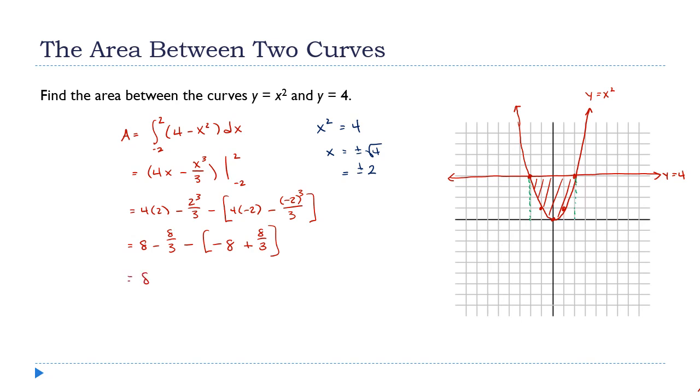So let's see, 8 minus 8 thirds plus 8 minus 8 thirds. That's 16 minus 16 thirds. Let's do a common denominator here. 16 is 48 thirds. And now I can subtract these. 48 minus 16 is 32. 32 thirds is my answer. That's the area between those two curves.